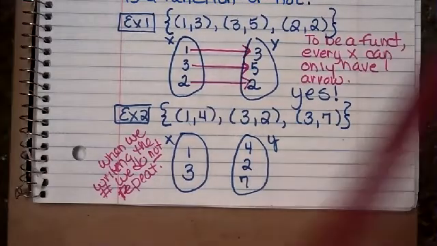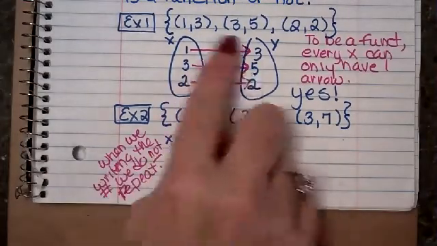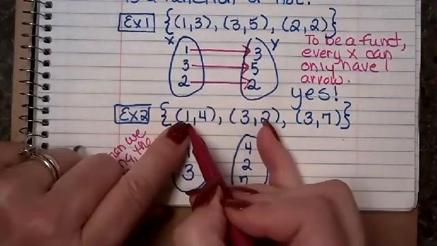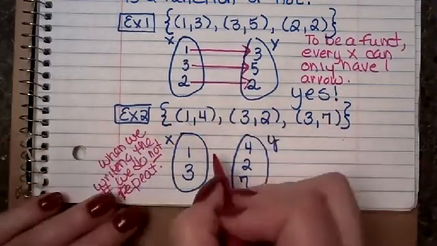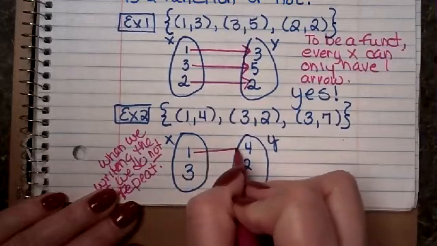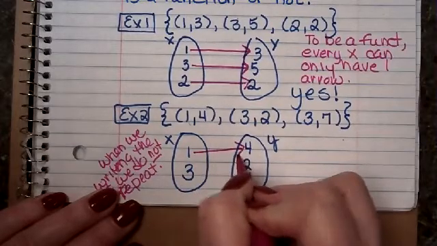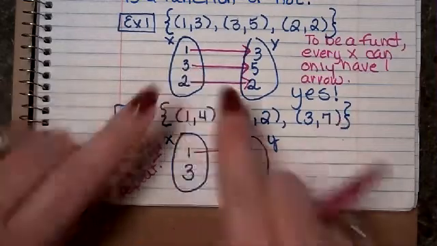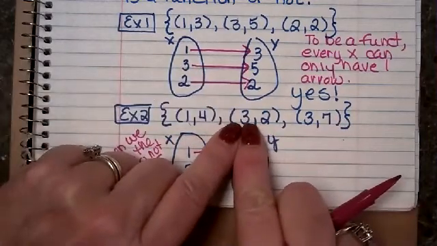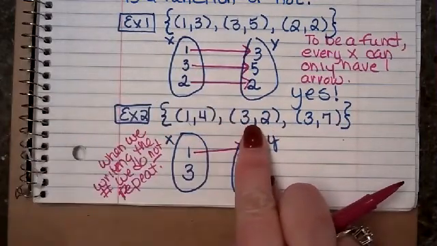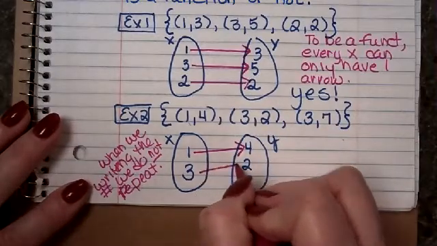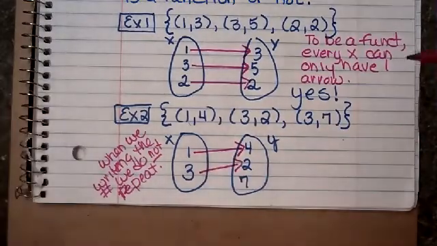Now I'm going to do just like I did up here. I'm going to draw those arrows. Okay, so 1 is paired up with 4. So an arrow going from 1 to 4. Now my 3 right here goes with 2. So I'm going to put an arrow right there. Okay.